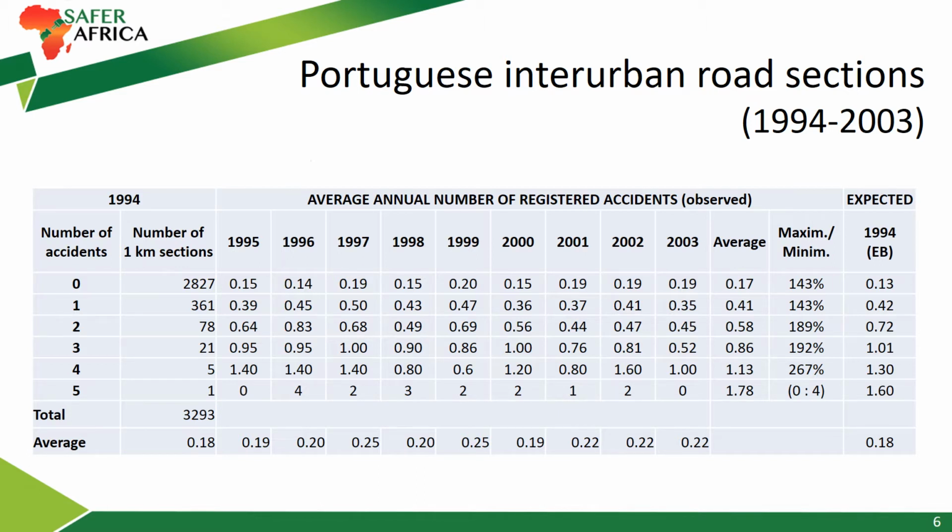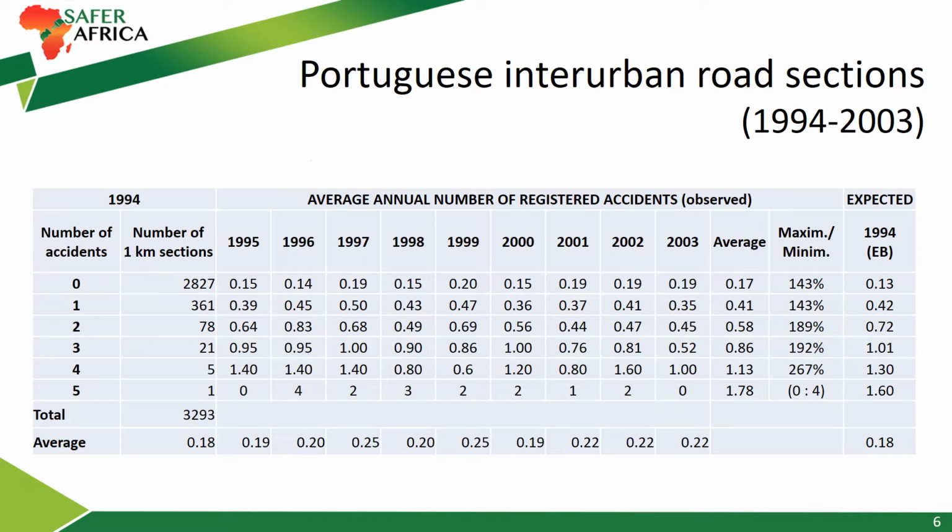In the following 9 columns, we have the average number of accidents in each group of sections in each year. For example, 78 sections with 2 accidents in 1994 had an average of 0.64 accidents in 1995, 0.83 accidents in 1996, and so on.